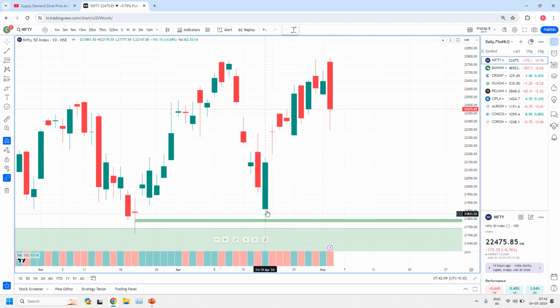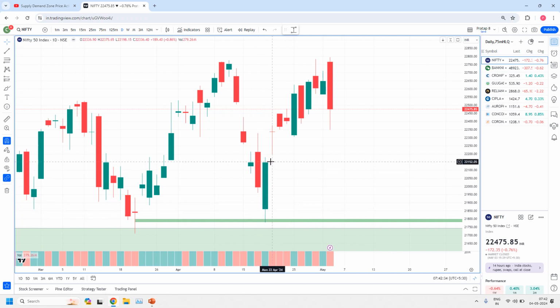From here, it came to the trap. See how many points Nifty has given that day. This is 21,800, and the closing of this candle is 22,147. Nearly 350 points move it has given during the intraday.